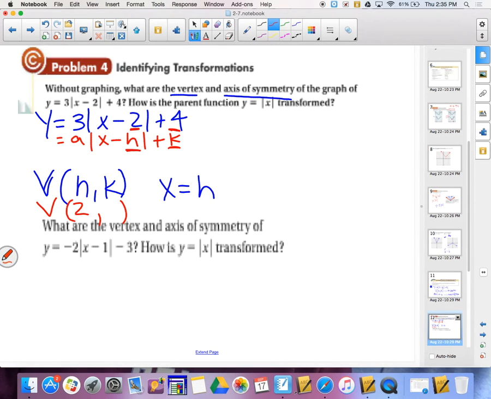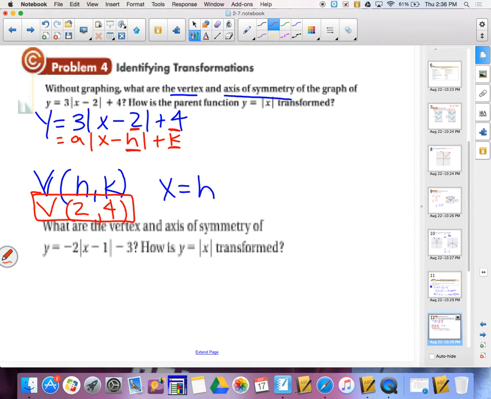Here's your little thing with the absolute value bars. If this is -2, this is going to be +2. If this is +2, this is going to be -2. So whatever is in this absolute value bar, it's going to be the opposite when I pull it down here to the vertex. Okay? So what is k? 4. So I have my vertex, (2, 4).